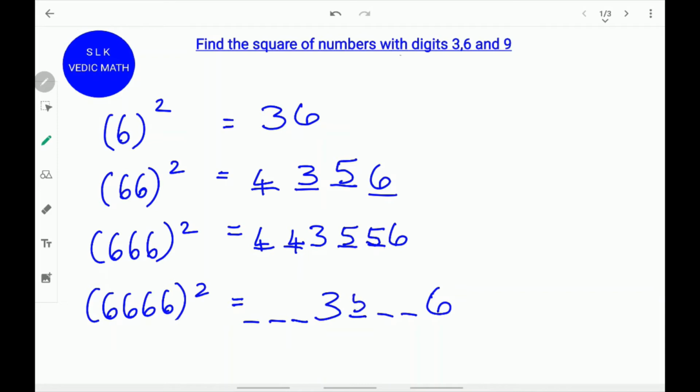Write 5 3 times. 1 more than 3 is 4. Write 4 3 times. So the answer for 6,666 square is 44435556.